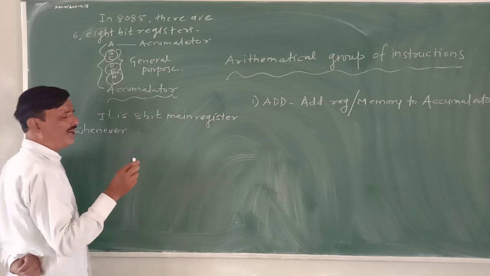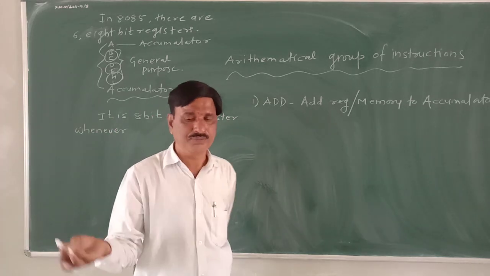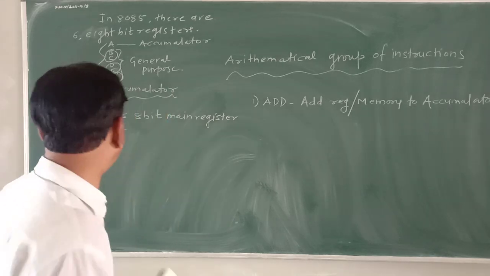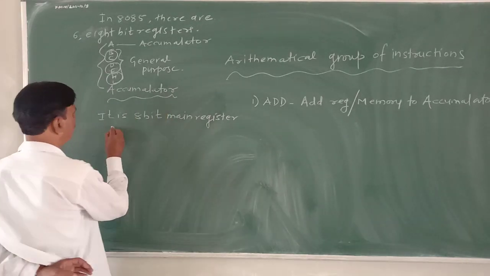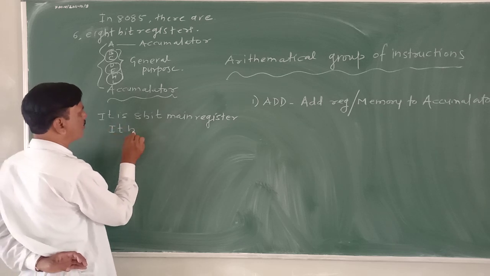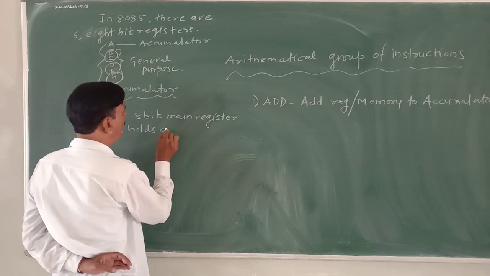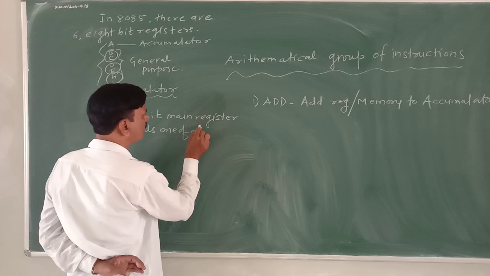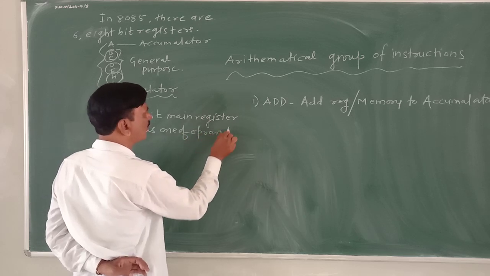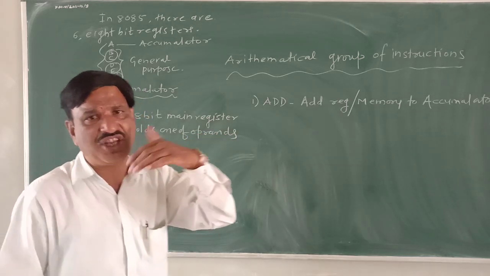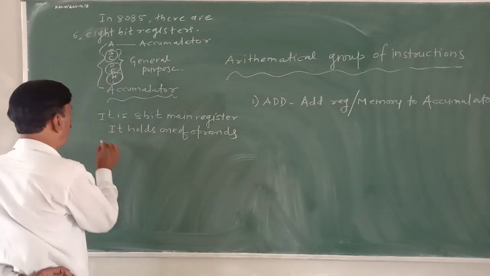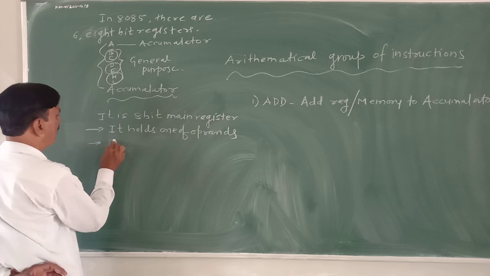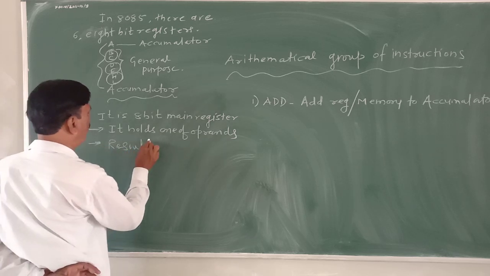Whenever arithmetical and logical operations are carried out, one of the operands is held by the accumulator. When an arithmetical instruction is executed, the result is also held by the accumulator.